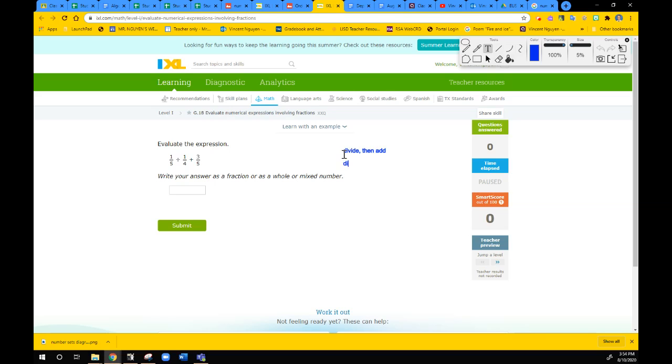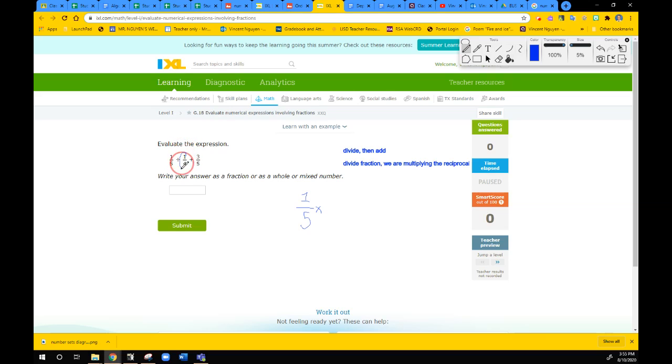But in order to divide fractions, we multiply by the reciprocal. Okay, that's it. So in this problem, I will be doing this, and excuse my handwriting, I'm going to be doing 1 over 5 times.